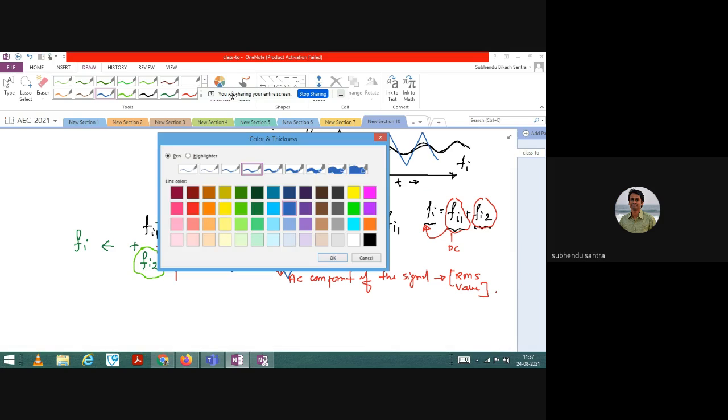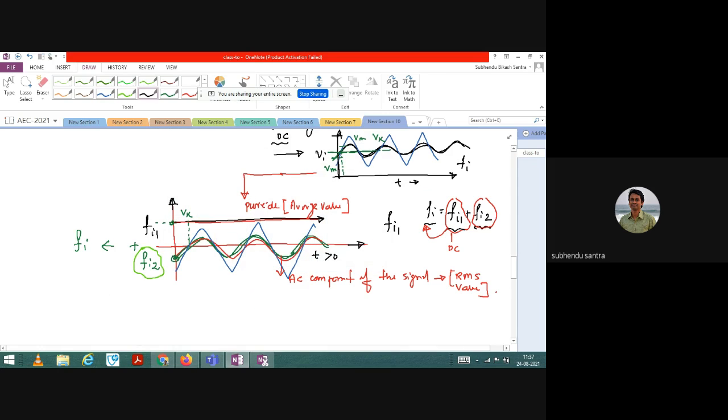Again, if you reduce the ripple to a very small value, then what will happen to the output voltage? It will be fairly constant, very small ripple, constant. So always remember, in a rectifier circuit we do not want much ripple, so ripple content should be less.